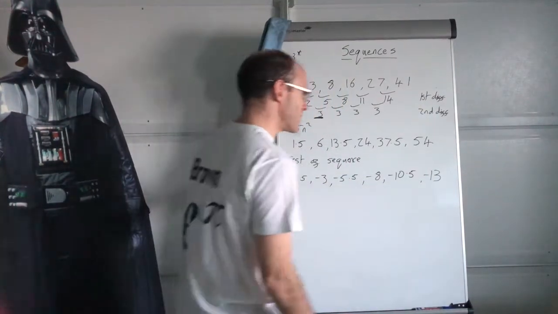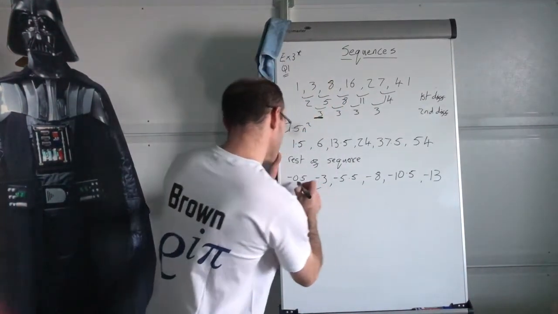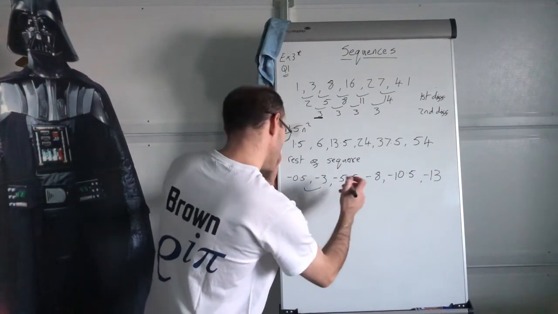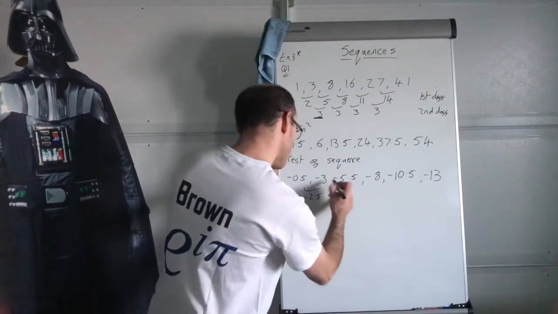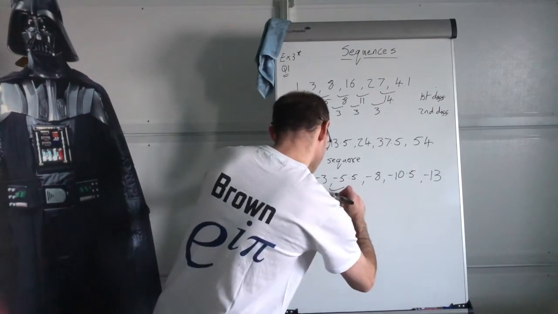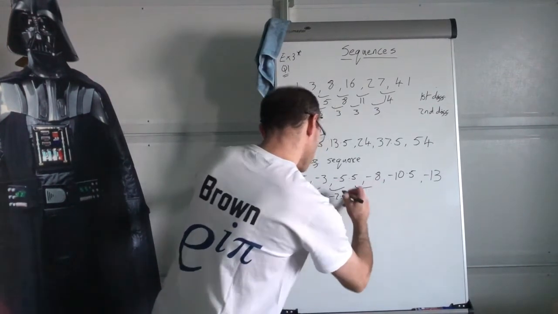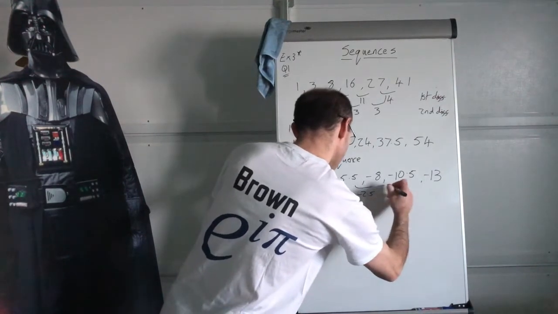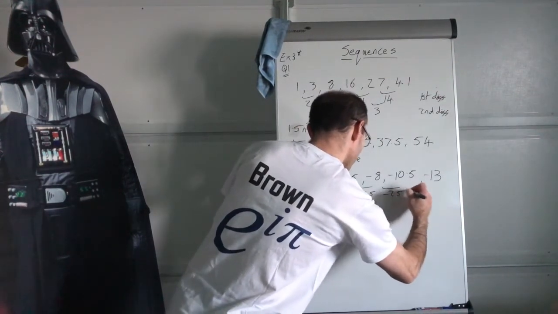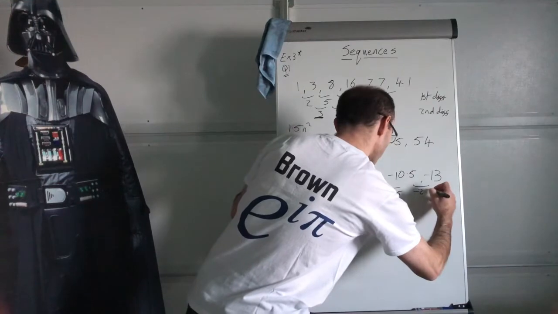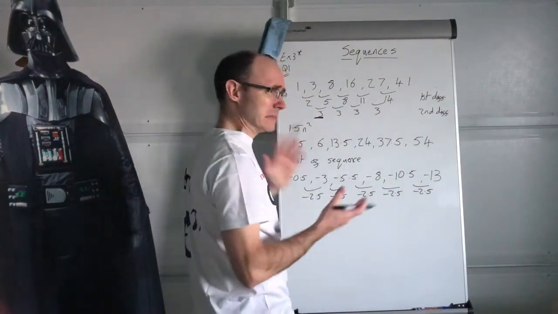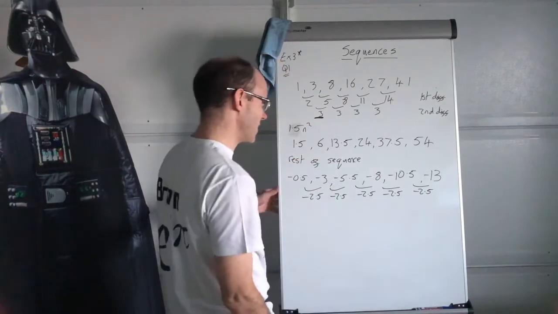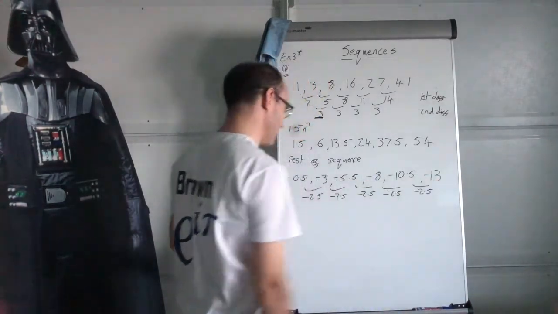Let's find the nth term for this then. So what's going on? We're going to subtract 2.5, aren't we? Here we're going to subtract 2.5, subtract 2.5, subtract 2.5, subtract 2.5. By the way, if any of those numbers are not negative 2.5, you've done it wrong somewhere, like we would have done had that been 7.